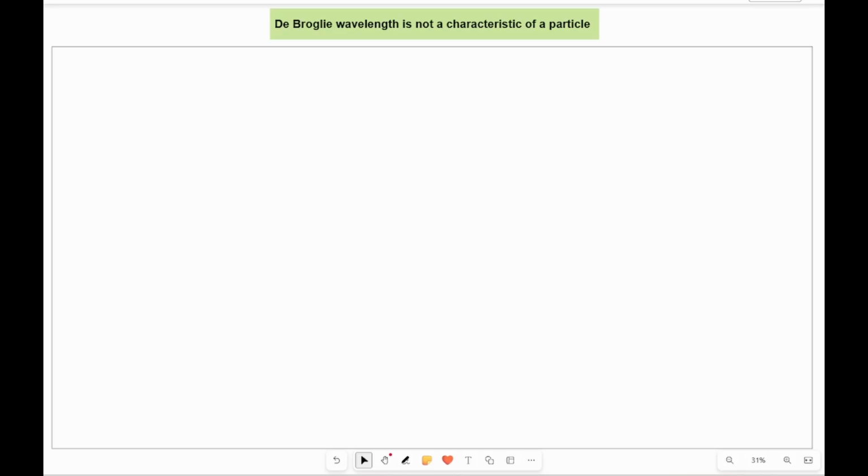So if we look at this, we have some sort of electron gun, or let's just say a particle. We're going to have an imaginary particle that's getting shot out. The particle is going to have a velocity of 1, and the mass is going to be perfect such that when we calculate the de Broglie wavelength, it has a wavelength of 1.